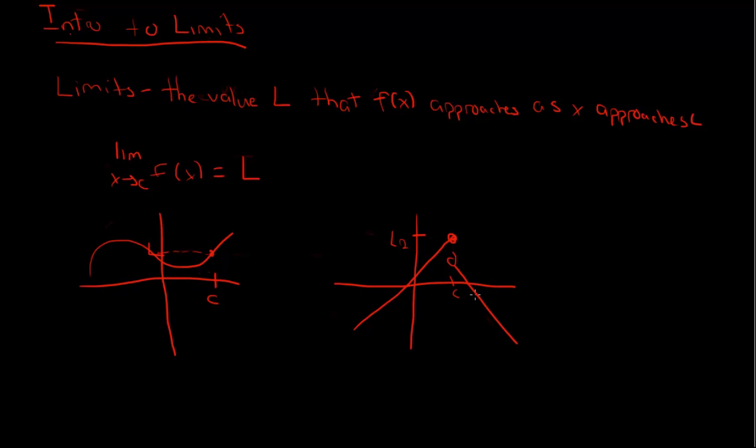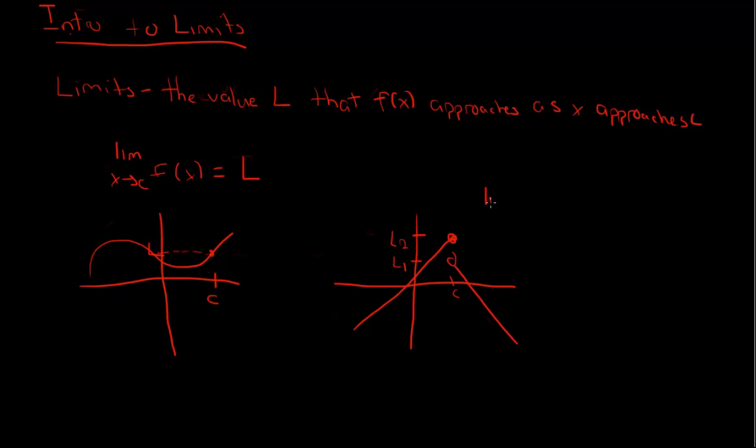But as x comes really close to c from the right, then it would be L1. So this introduces one of the rules of limits: if the limit as x approaches c from the left is not the same as the limit as x approaches c from the right, then the limit of f of x does not exist.